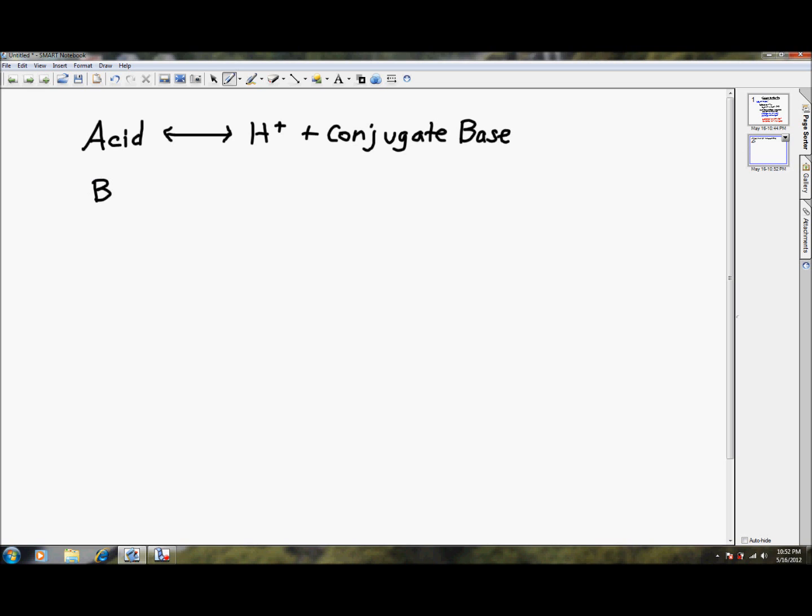A base, when it accepts an H plus, will create what is called the conjugate acid. So every acid has a conjugate base. Every base has a conjugate acid.